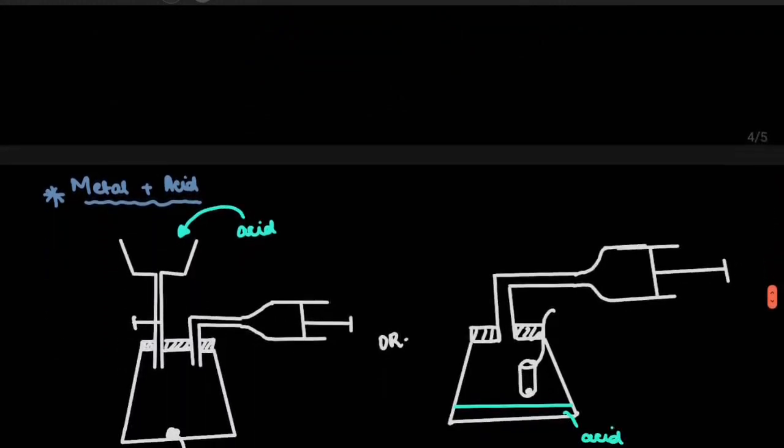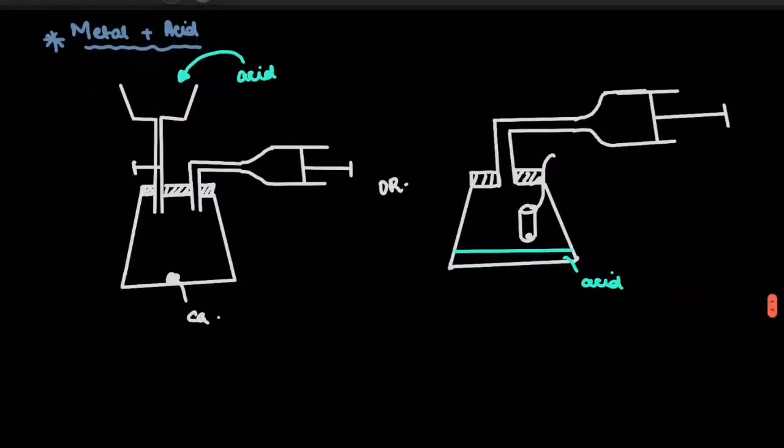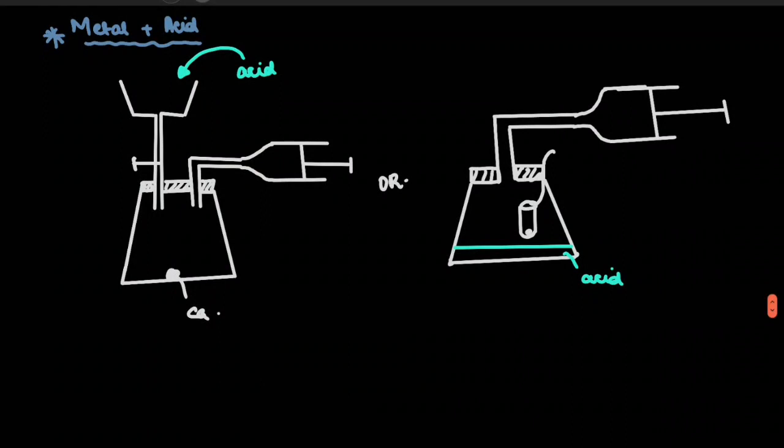Now the last topic we have to do for today is what if we have a metal plus acid. Now we learn this reaction when we move forward, but when metals react with acids, they form a salt plus hydrogen gas. Alright? So, what will be the apparatus that I'll use for it?